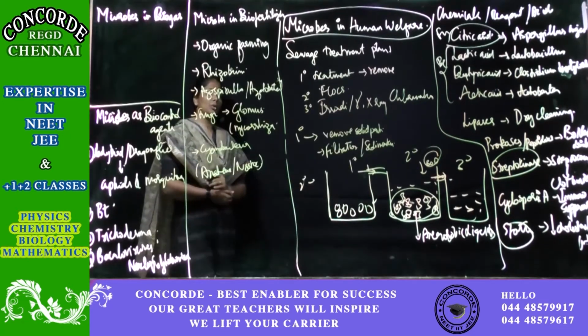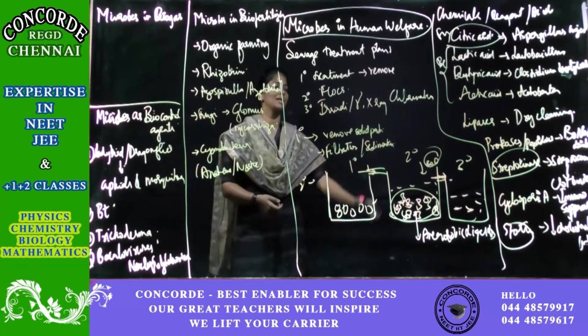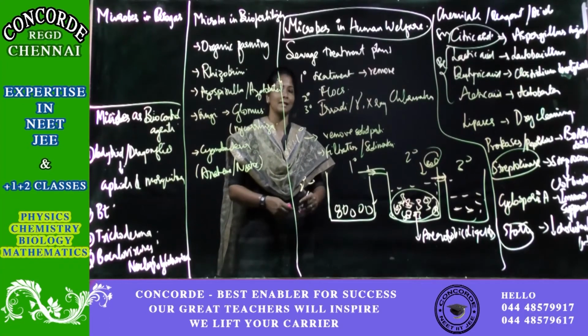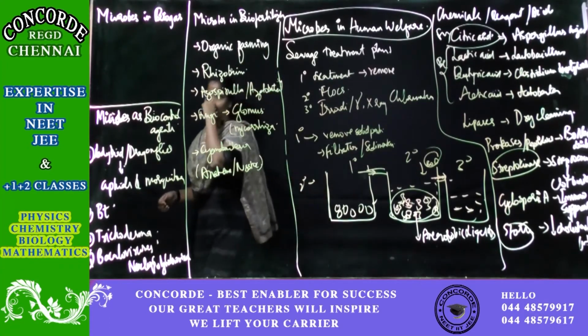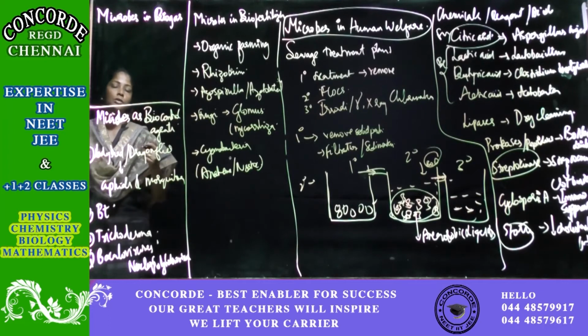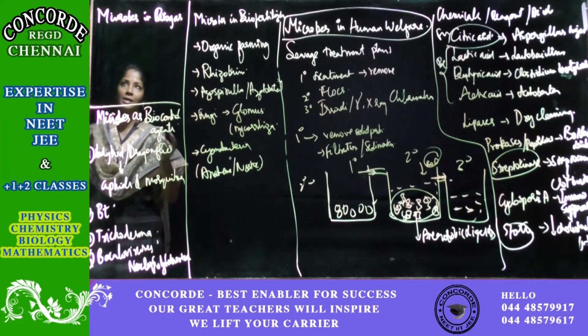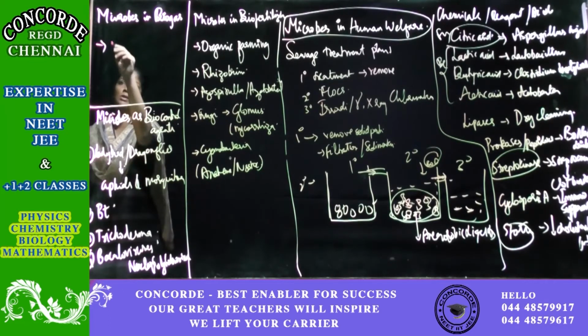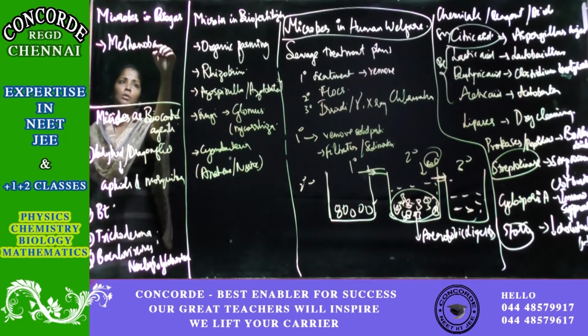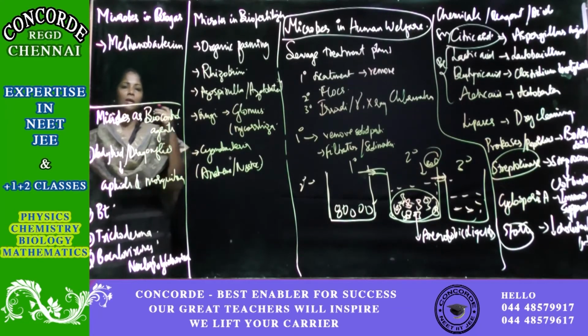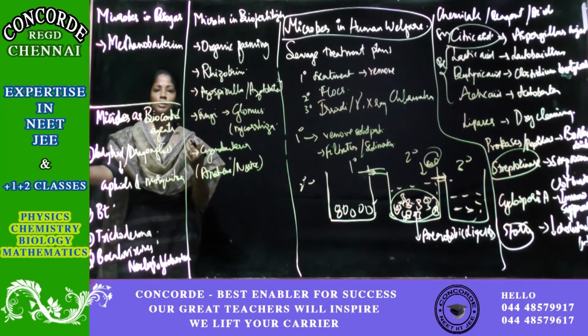Okay, so we've been seeing about the microbes and chemicals, reagents, acids, etc. Next we're going to see about microbes and biogas. So biogas is nothing but the natural gas. The main bacterium which is used is the methanobacterium. This methanobacterium will use the medium and it will produce biogas.